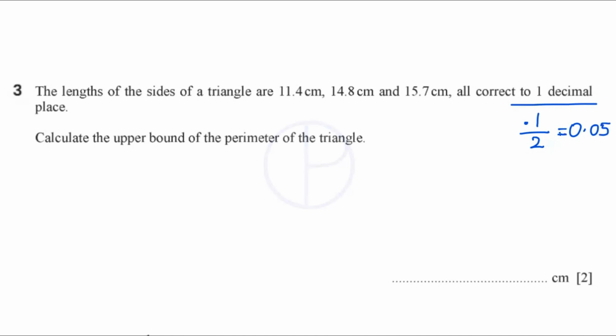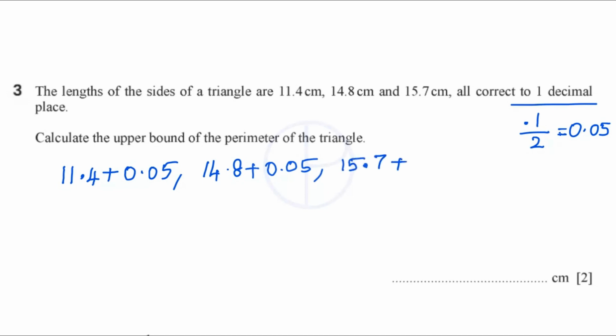So we need upper bound values only. For 11.4, the upper bound value will be 11.4 plus 0.05. For 14.8, the upper bound value is 14.8 plus 0.05. And for 15.7, the upper bound value is 15.7 plus 0.05.